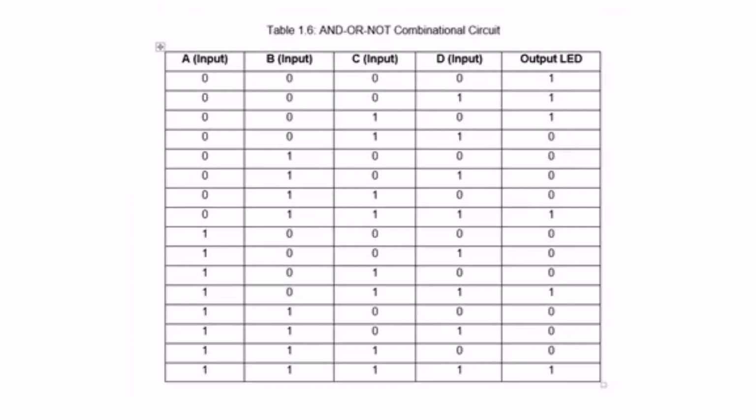In this combination circuit, the output will only be 1 based on the following: if all inputs are 0, if only the D input is 1, if only the C input is 1, if only A input is 0, if only B input is 0, and if all inputs are 1.